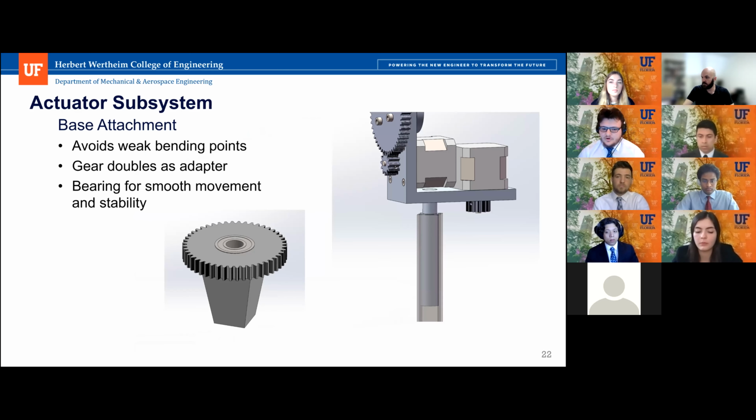To talk more about that rod that allows us to avoid a bending stress that the original design had, we created a large gear that lets the actuator sit and attach to the base, the square tubing of the base frame, through a press fit.